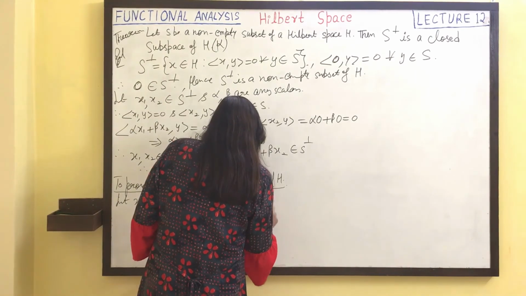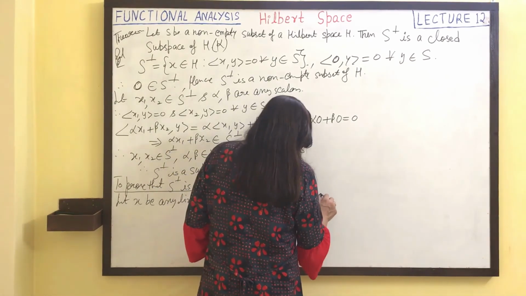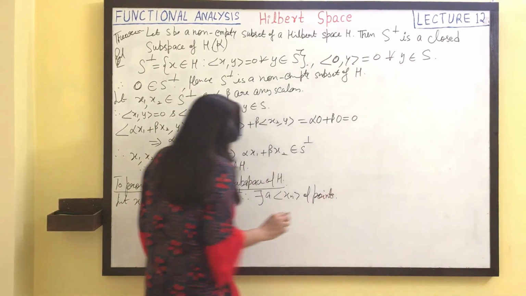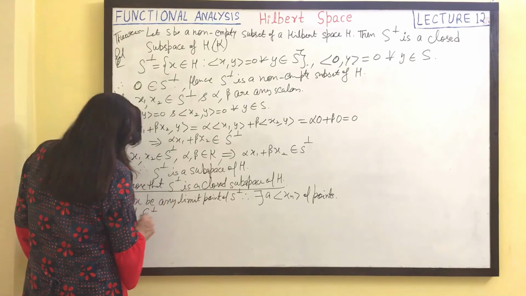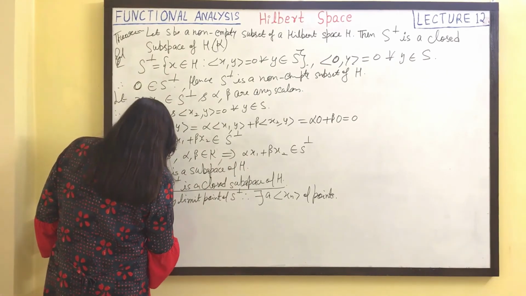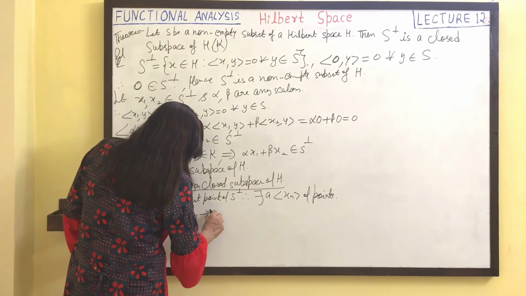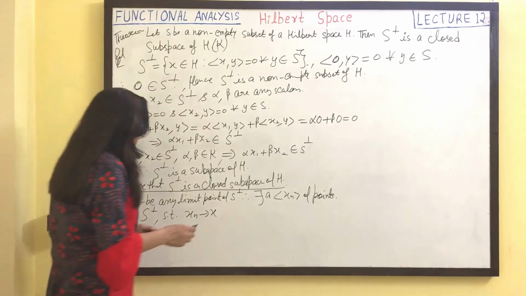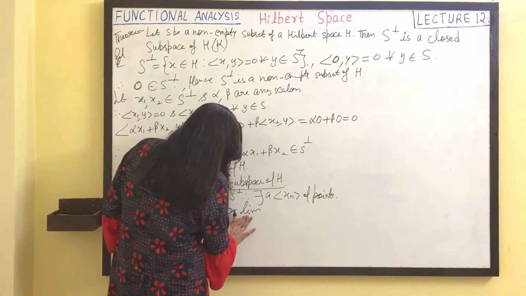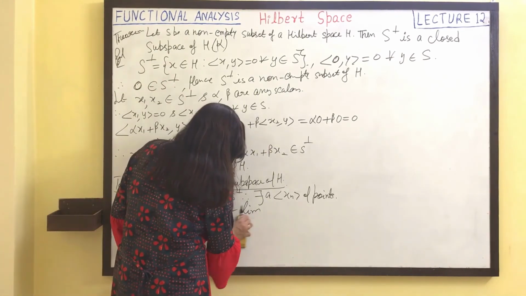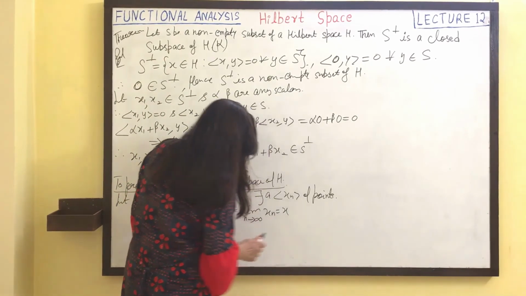Therefore, there exists a sequence xn of points of S perpendicular such that xn tends to x, or we can say limit as n tends to infinity of xn is equal to x.